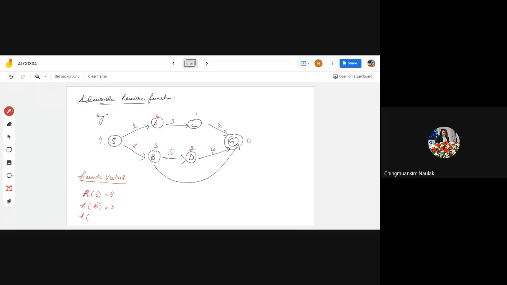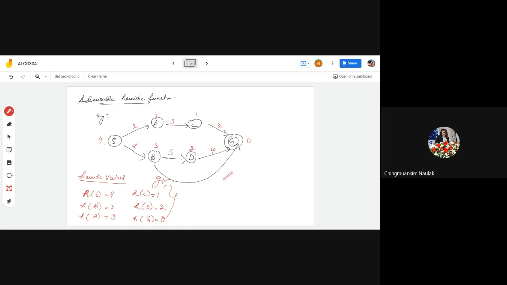Heuristic value of A is 3. Heuristic value of C is 1. Heuristic value of D is 2. And heuristic value of G is 0. So these are given to you.